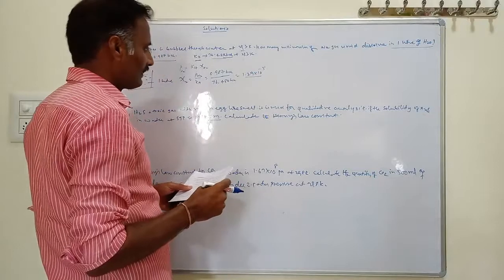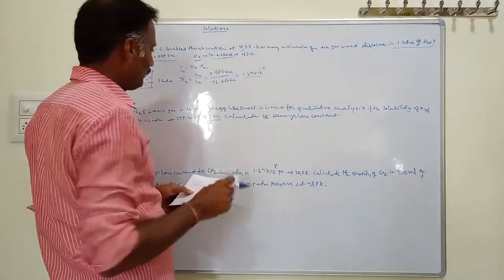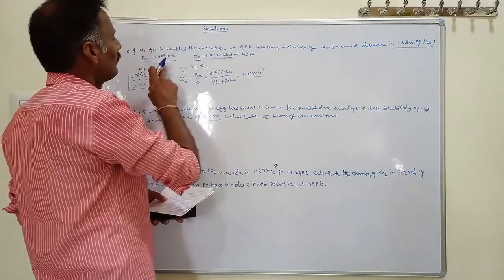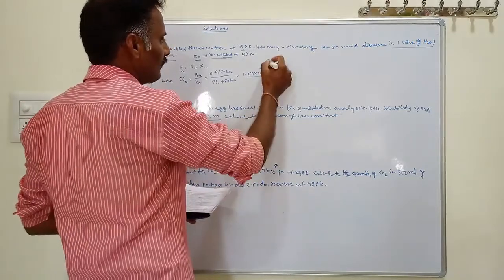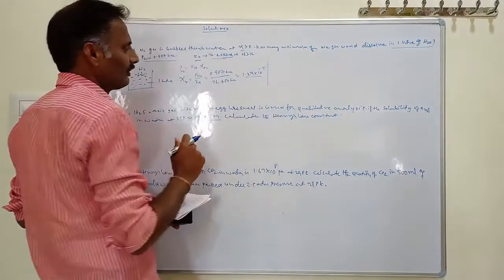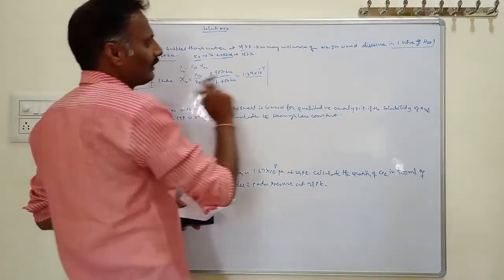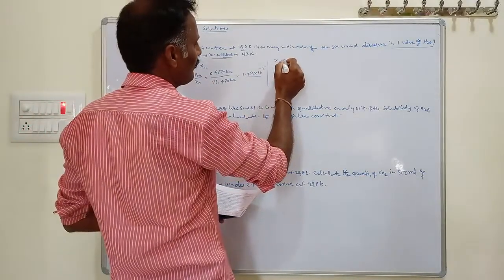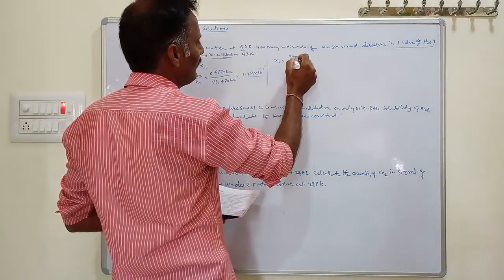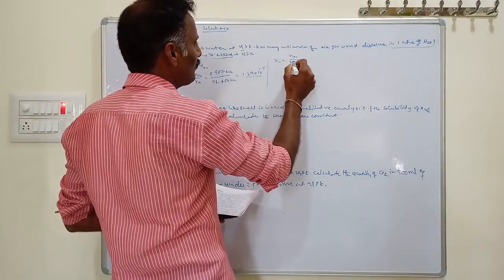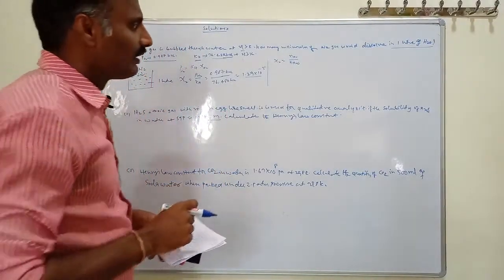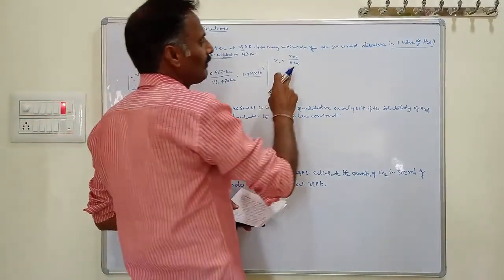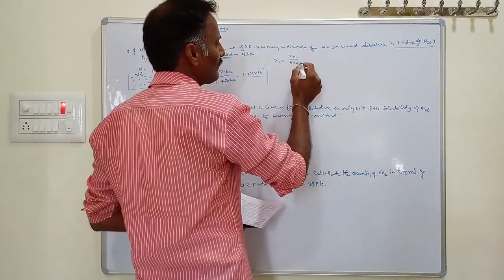By knowing the mole fraction, we will find the number of moles of N2 present in solution. We know the definition of mole fraction: mole fraction equals number of moles of N2 divided by number of moles of water. Total number of moles of solution is taken, but when compared to the number of moles of water, the number of moles of nitrogen is negligible.